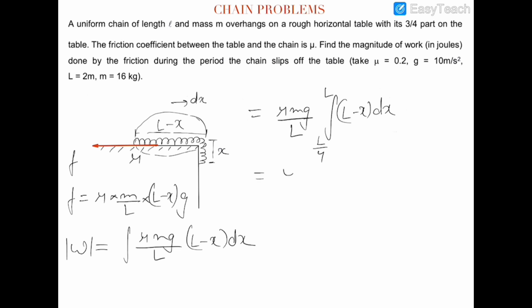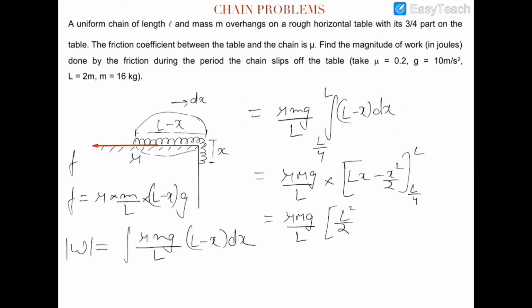So it would be mu mg upon L into Lx minus x square by 2, limit from L by 4 to L. So mu mg by L, into L square by 2 minus L square by 4 plus L square by 32.